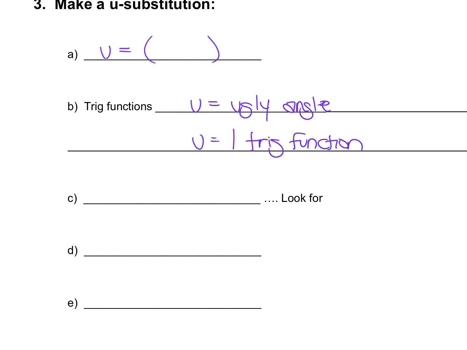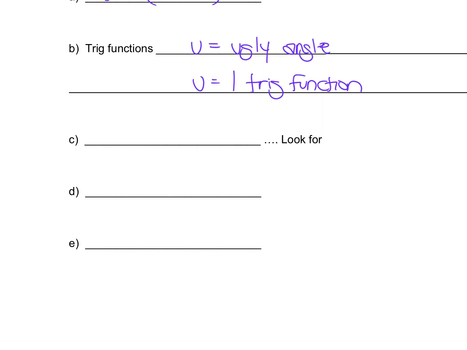Now, we have other methods that we've talked about from today. One is that u can equal the denominator. If you look for u being the denominator, sometimes you really don't even have to do a full u substitution. If you can look for u prime over u, you might be able to manipulate the way we did on that first example to try to make it work without doing a full u substitution.